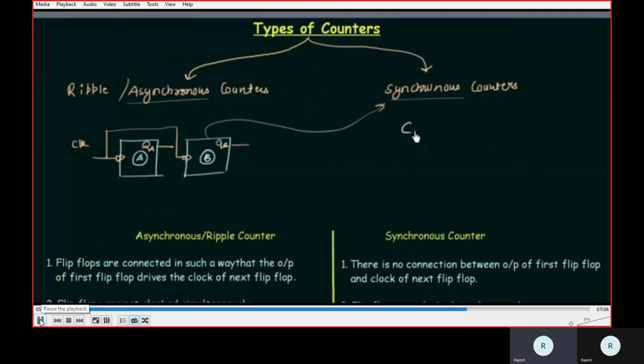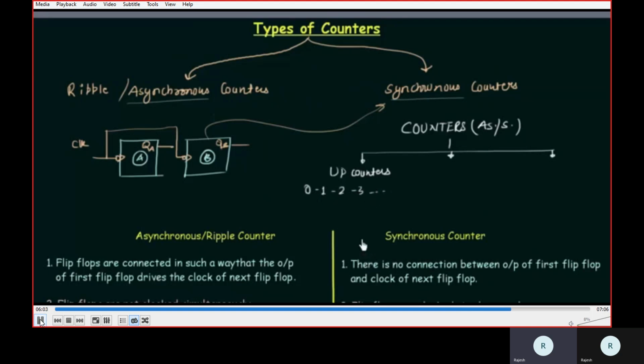Synchronous counters can be analyzed in three ways: up counter, down counter, up-down counter. Counters, not only synchronous but asynchronous as well, we can design using these methods. This was regarding the subsystem design of counters. You have to take 3-bit or 4-bit. Based upon that, make a state transition from current state to next state, then write down the corresponding inputs based upon the flip-flop selected, D flip-flop or so.